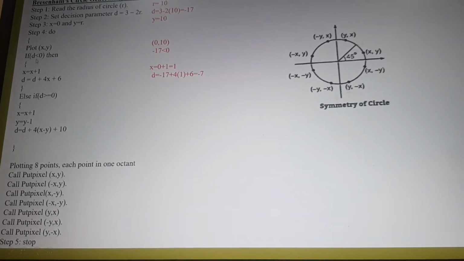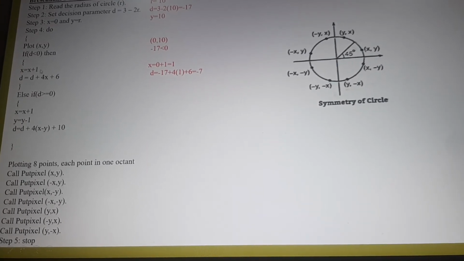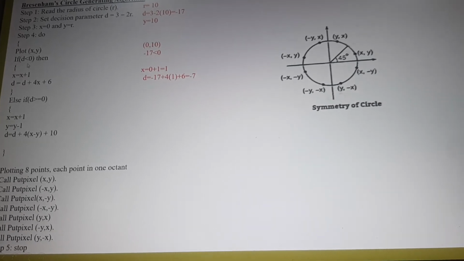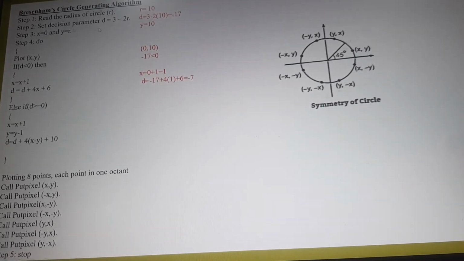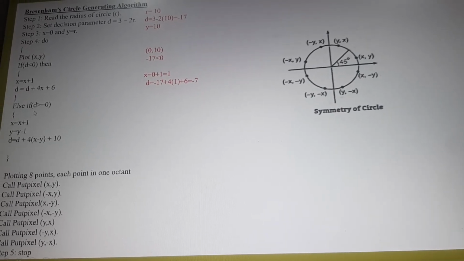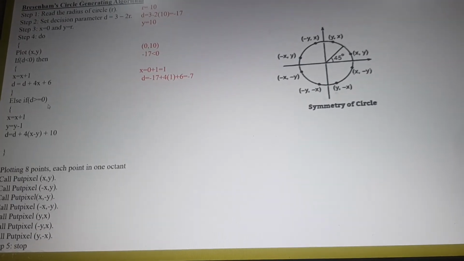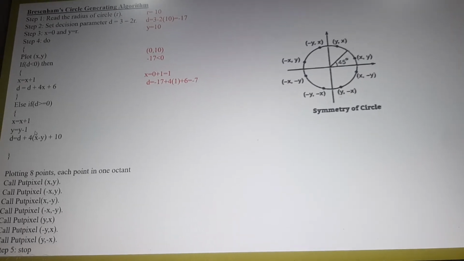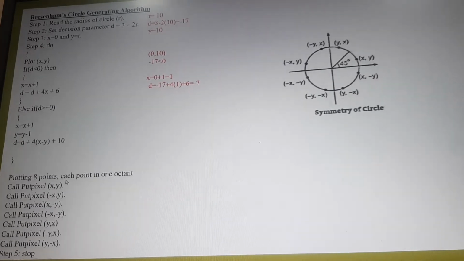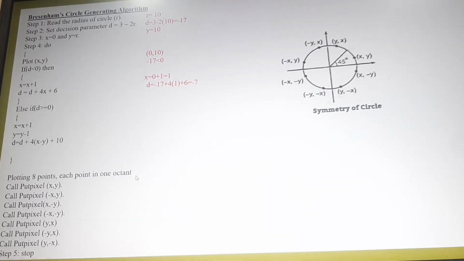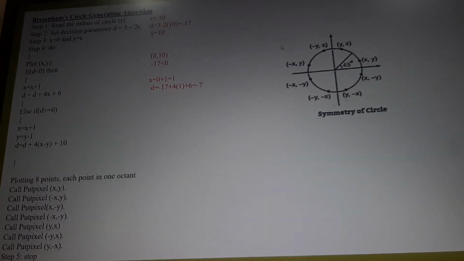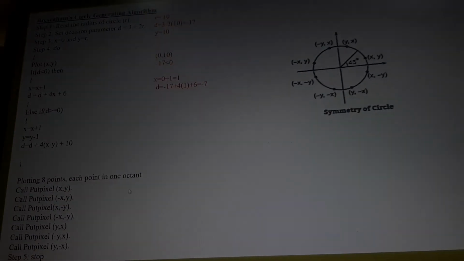If the value of d is less than 0, then this particular loop will execute. The value of d is taken from step number 2, and if the value of d is greater than or equal to 0, then this loop will be executed. Next, you have to plot 8 points, each point in one octant. Already I have explained the symmetry of a circle. What do you mean by a particular octant?